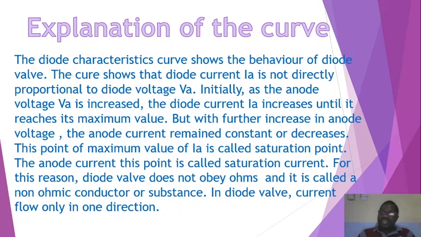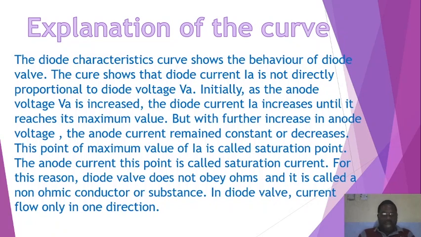So we say that in the diode valve, current flows only in one direction. And that is why it is used in rectification in an AC circuit. Please, it is in AC circuit we use it, not DC. It's one of the questions JAMB will ask you.